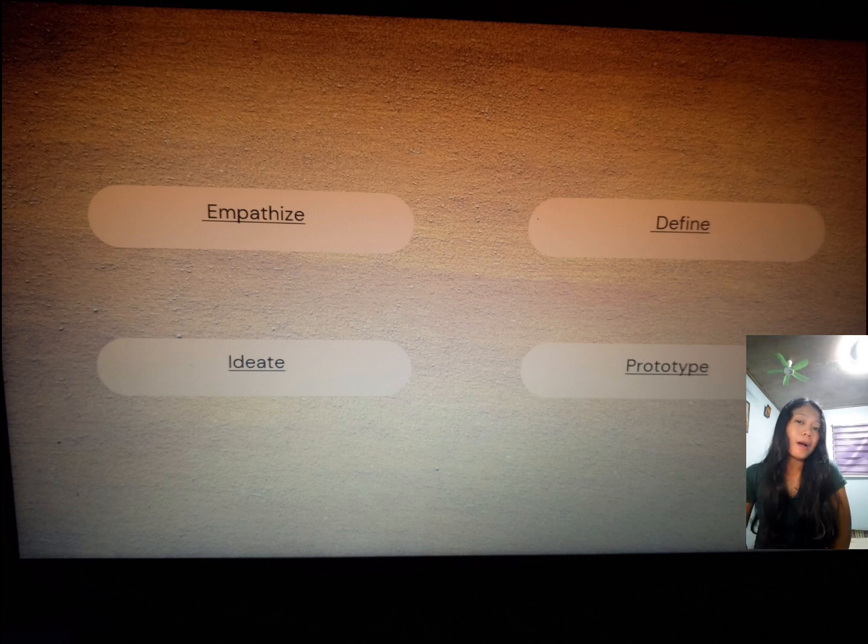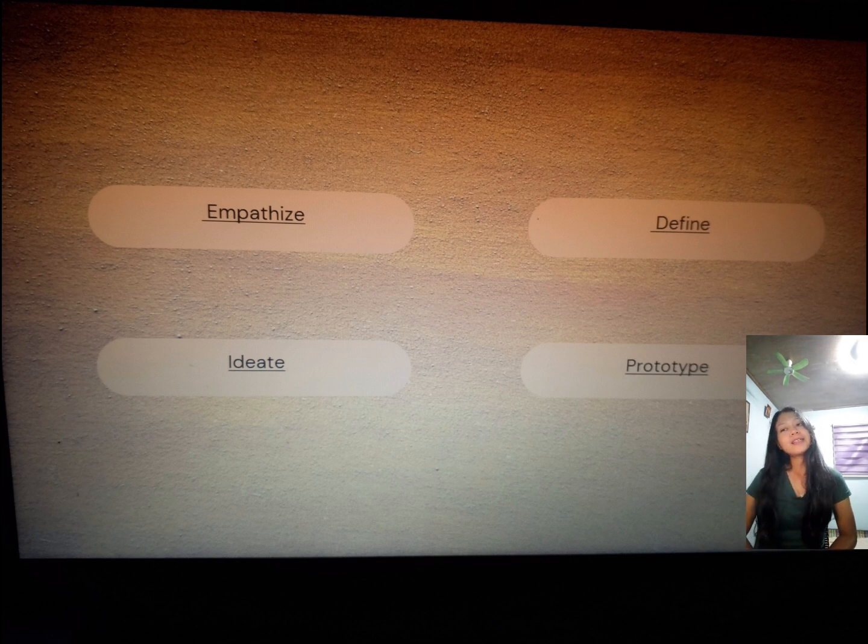To sum up our discussion for today, when we say empathize, it is where we gain an empathetic understanding of the problem that we are trying to solve for our customers. For define, this is where we analyze our observations to define the core problems that you and your team have identified up to this point.